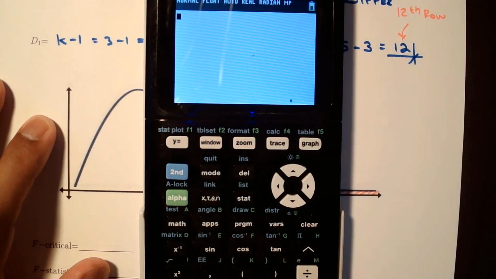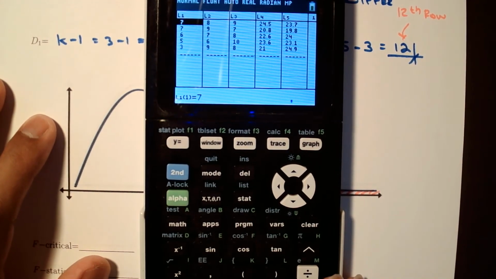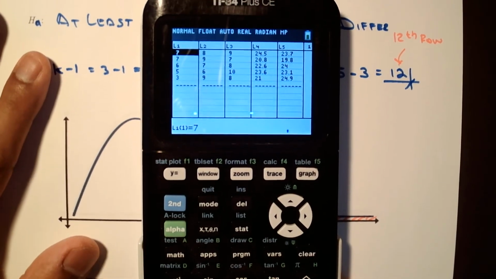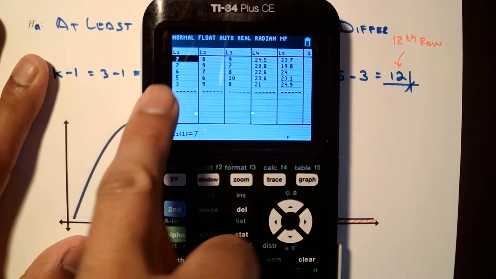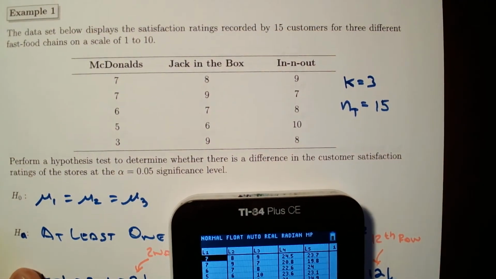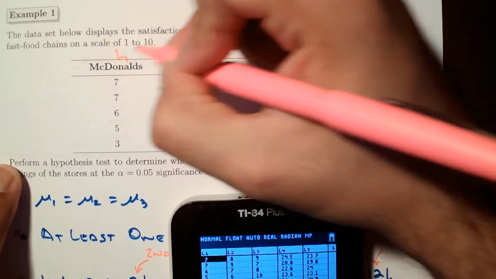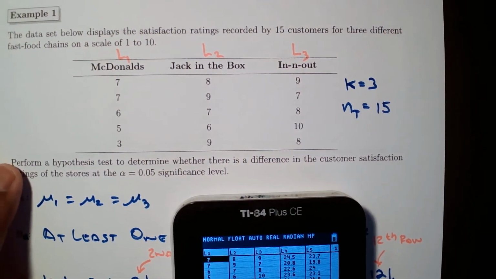We're going to click Stat and Edit. So here I have already populated my calculator. If you want to pause the video, be sure to have all your data in L1 for McDonald's, L2 for Jack in the Box, and L3 for In-N-Out.